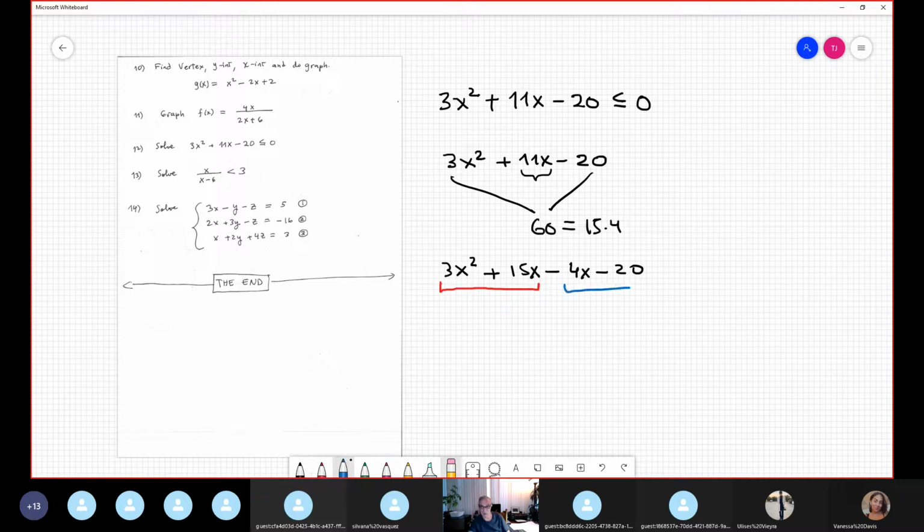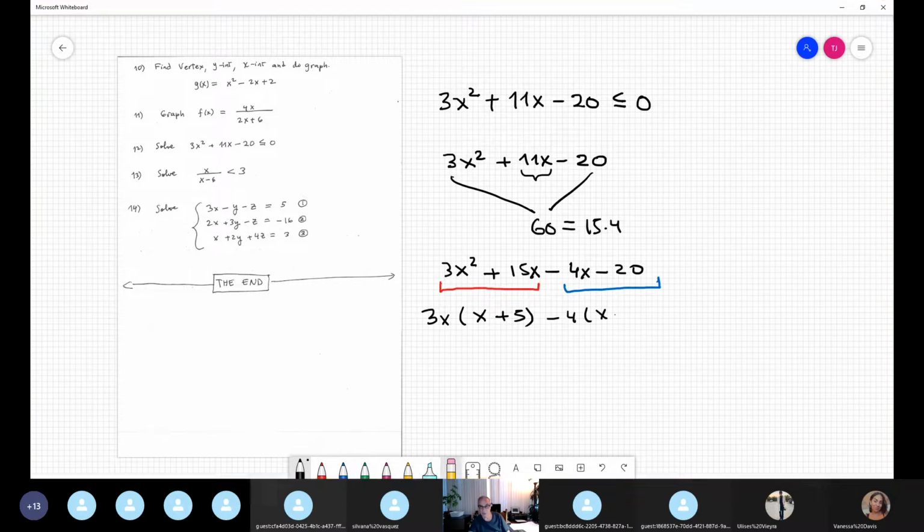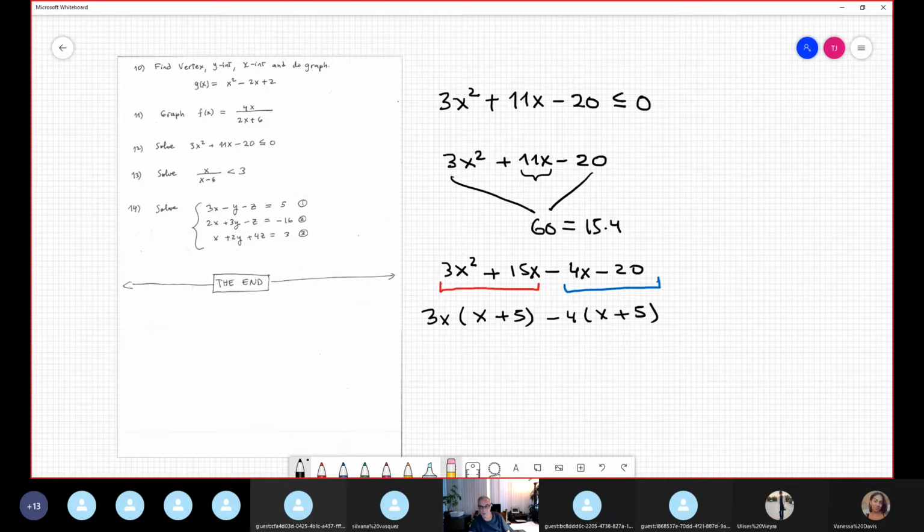using factorization by grouping. You analyze by a couple of terms, and the GCF in the first couple is 3x. We have x plus 5. And the GCF in the second is -4, x plus 5. Okay, one more time you see x plus 5 is a common factor.